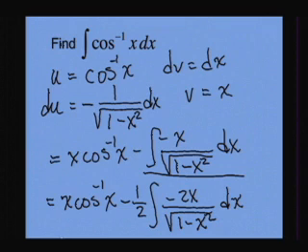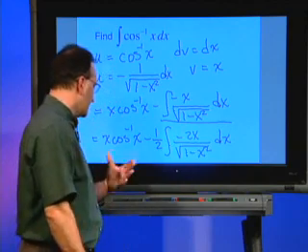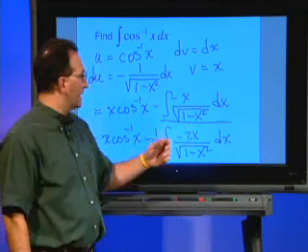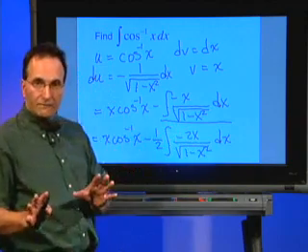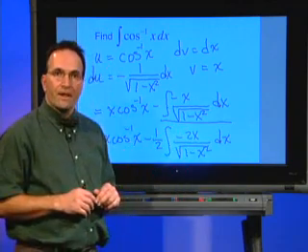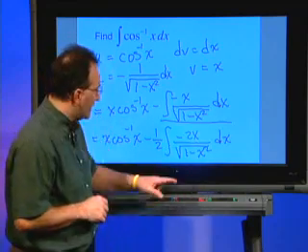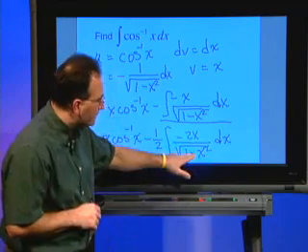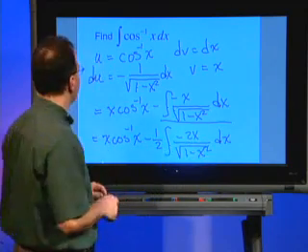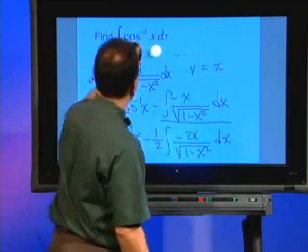Because now what you'll see I'm doing is setting this up so that I can integrate this using a substitution of u equal to 1 minus x squared. Because if I do that, then du is going to equal negative 2x dx. So let's write that up above here, and I'll show you that.